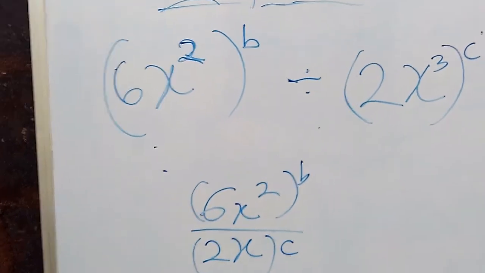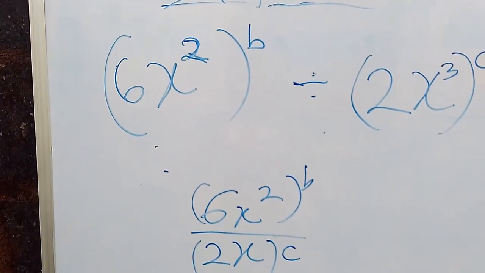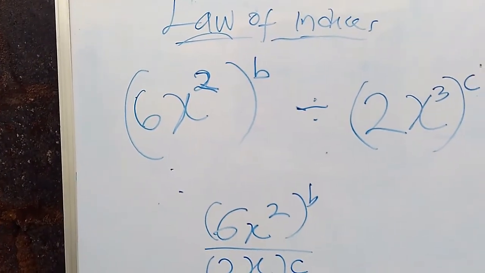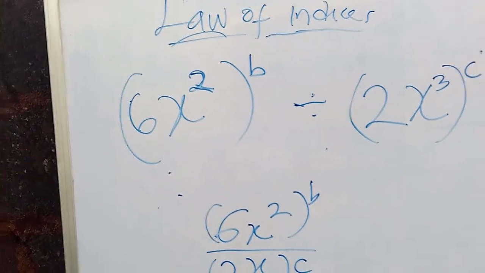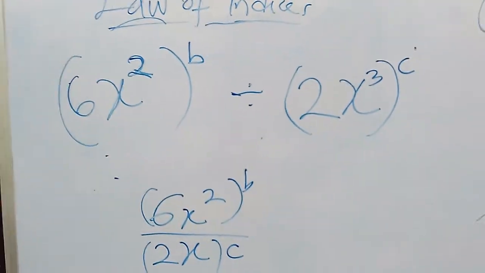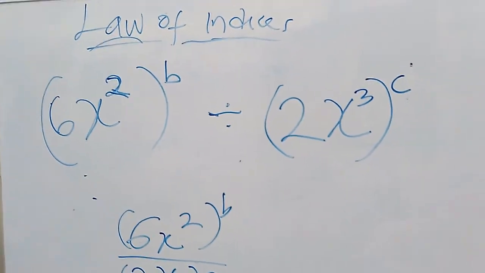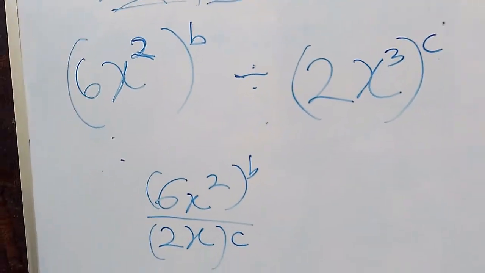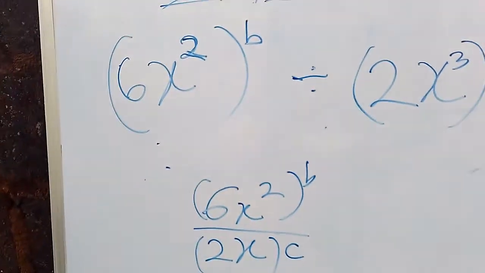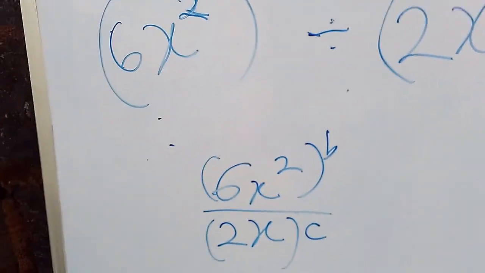We are now analyzing this: 6x raised to the power 2 and also b, divided by 2x raised to the power 3 and also c. We'll now solve it this way.